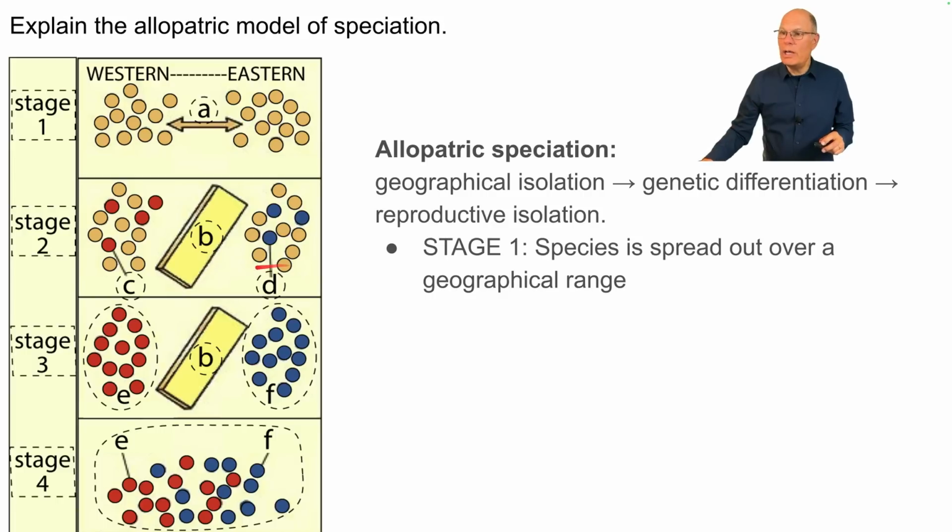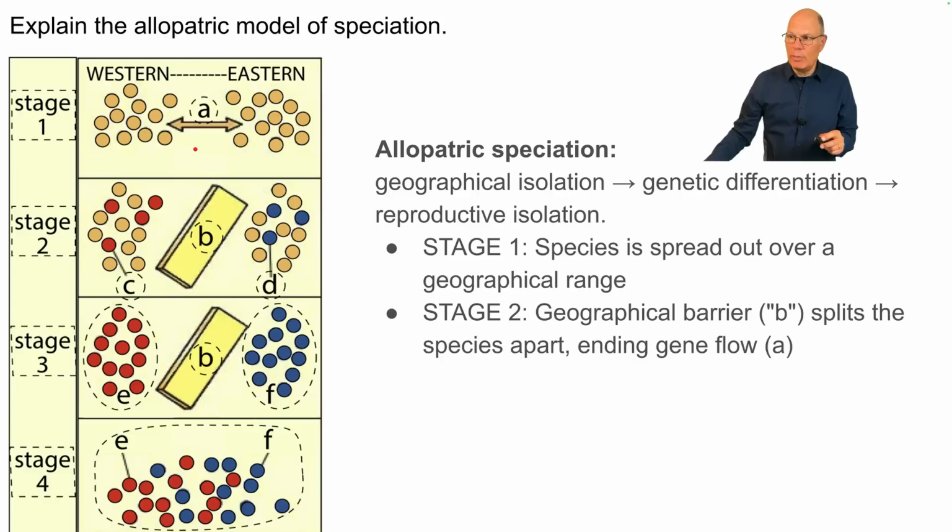In stage 1, a species is spread out over a geographical range. There's gene flow between any subpopulations. In stage 2, some kind of geographic barrier, like this shown at B, arises and it splits the species apart, so there's no longer gene flow between these two isolated populations.